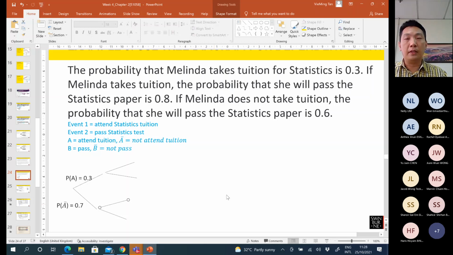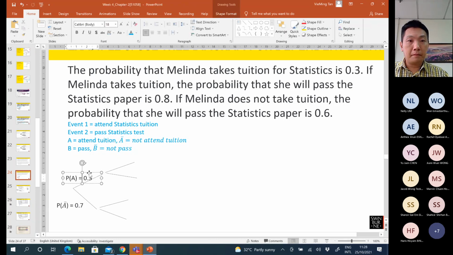Then we give the probability for each branch. Copy this.